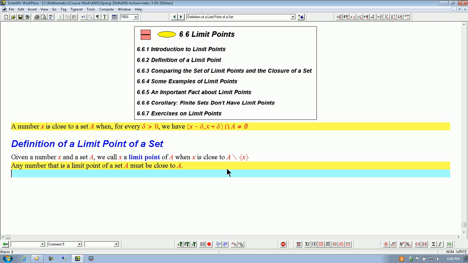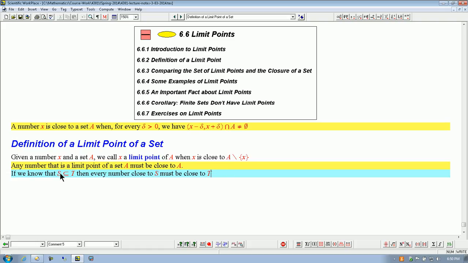I don't want to clutter the notes. But suppose we know, let's take two sets, I'll call them S and T, so that I don't make it look too much like the other stuff. If S is a subset of T, then every number close to S must be close to T. Why?